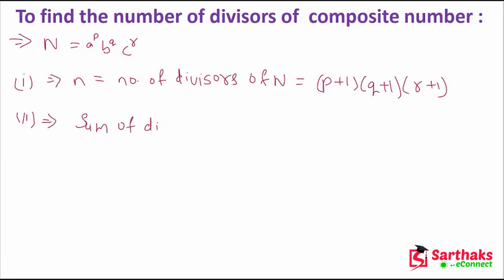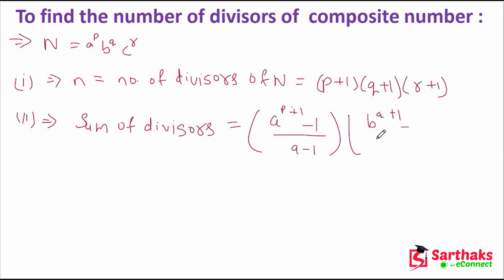The direct formula is a raised to power p plus 1 minus 1 upon a minus 1, multiplied by b raised to power q plus 1 minus 1 divided by b minus 1, and similarly c raised to power r plus 1 minus 1 divided by c minus 1. I hope you get this point, how we can find the sum of divisors.